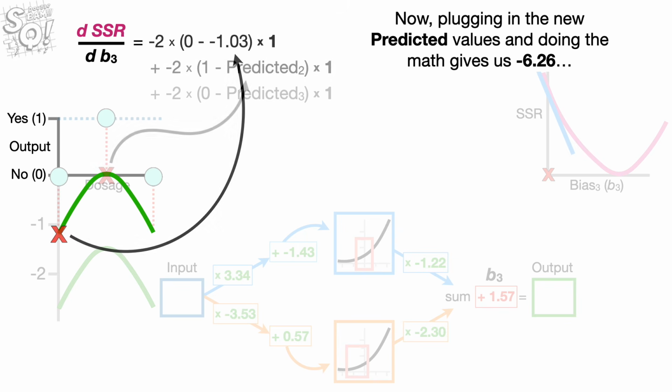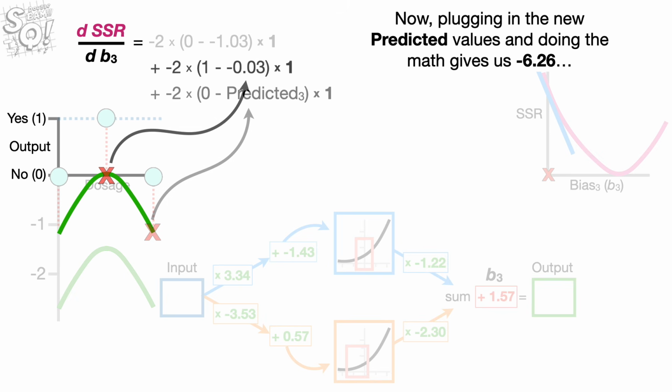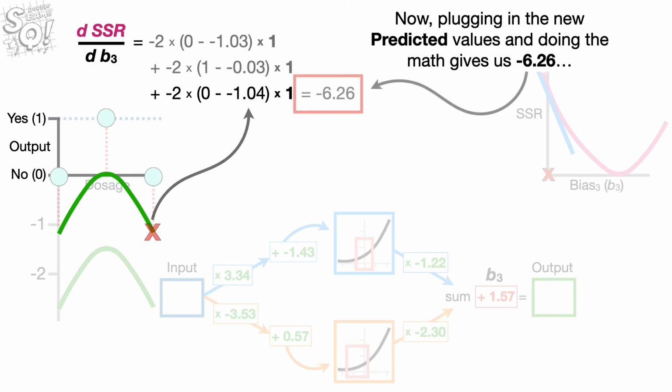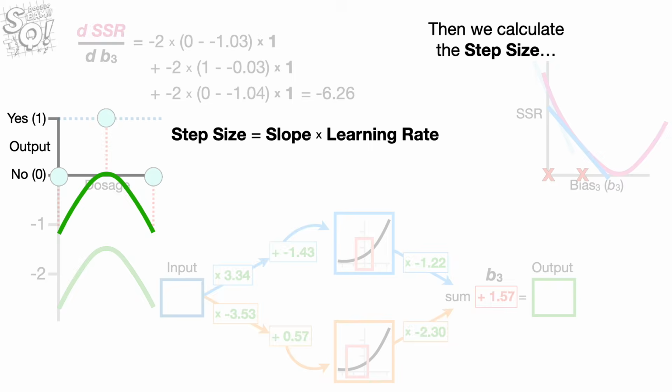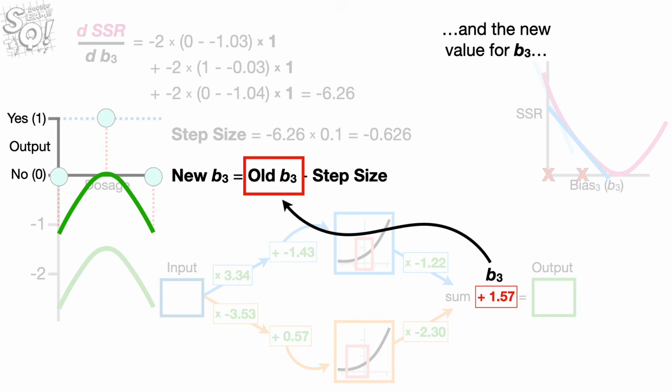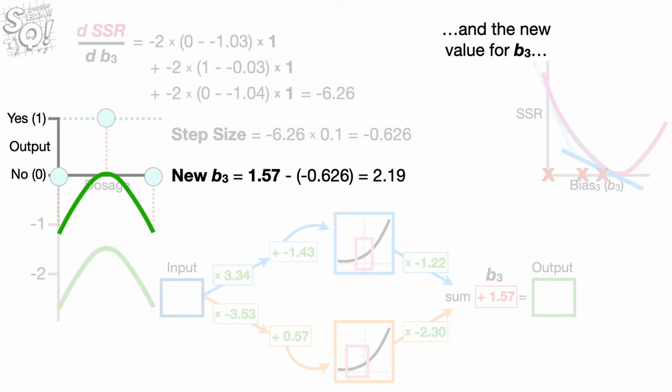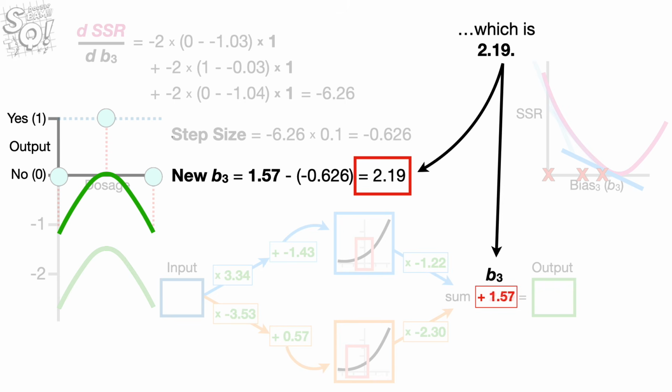Now, plugging in the new predicted values and doing the math gives us negative 6.26, which corresponds to the slope when b sub 3 equals 1.57. Then we calculate the step size and the new value for b sub 3, which is 2.19.